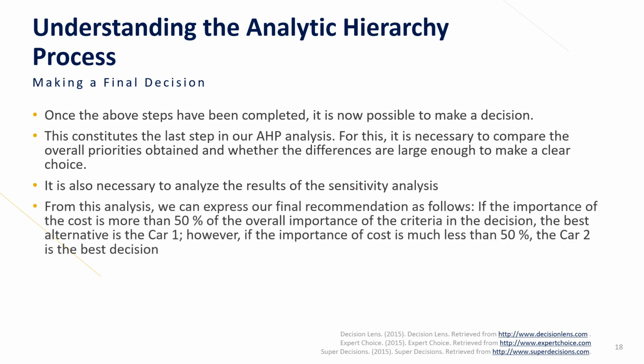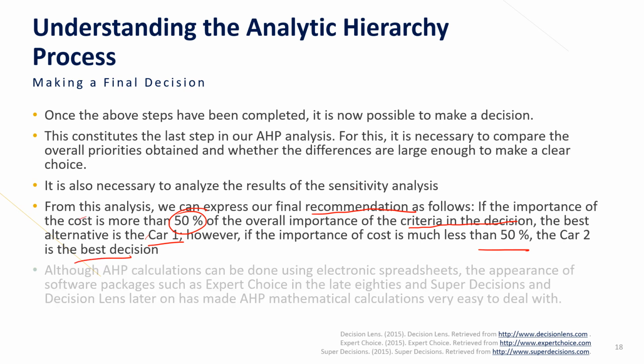From the sensitivity analysis, we can express our final recommendation. For example, if the importance of the cost is more than 50%, the overall criteria in the decision will prefer car 1. However, if the cost weight is less than 50%, then car 2 will be the best decision.